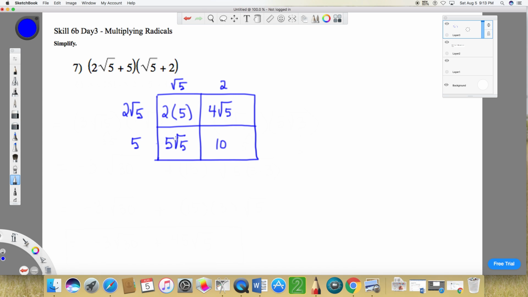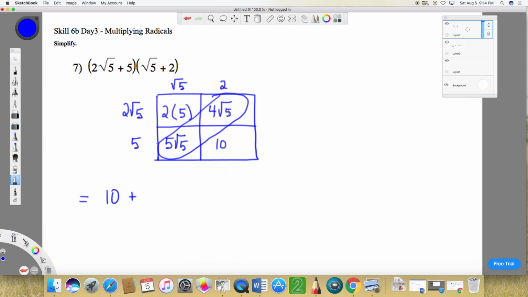Now I do notice that when I look along this diagonal, these are like terms. So I'm ready to use my table. That helped me apply the distributive property in an organized way. And this first cell right here, this first entry, 2 times 5, that's 10.